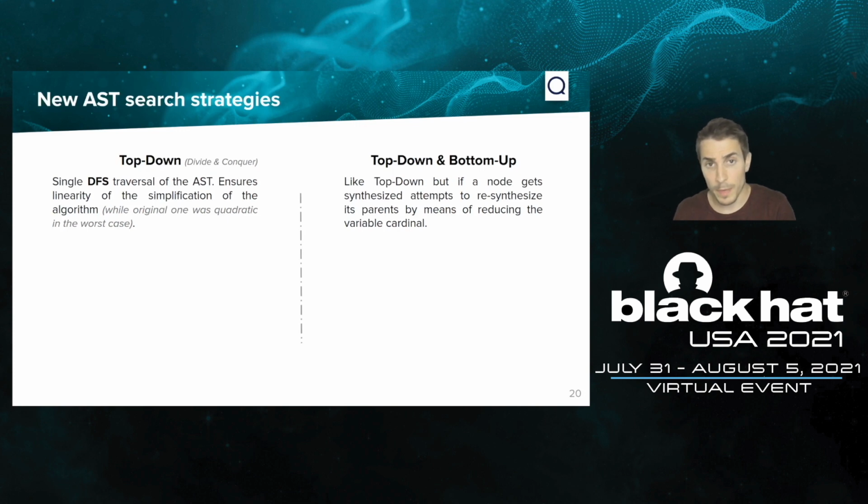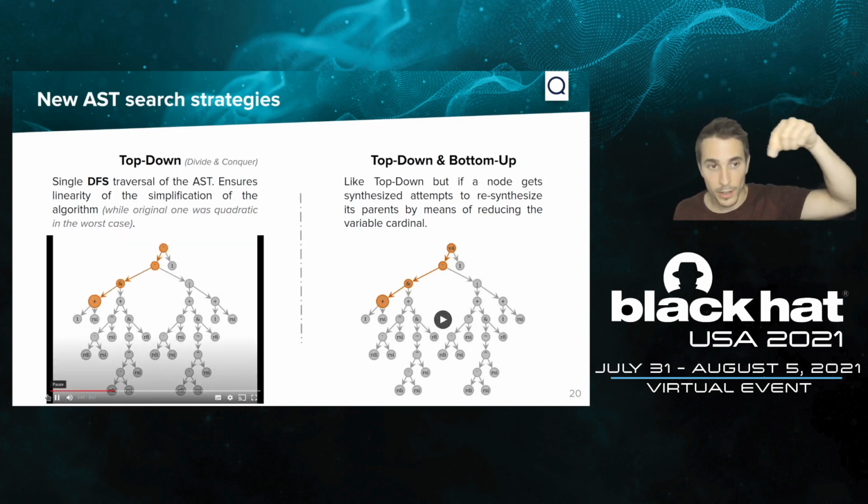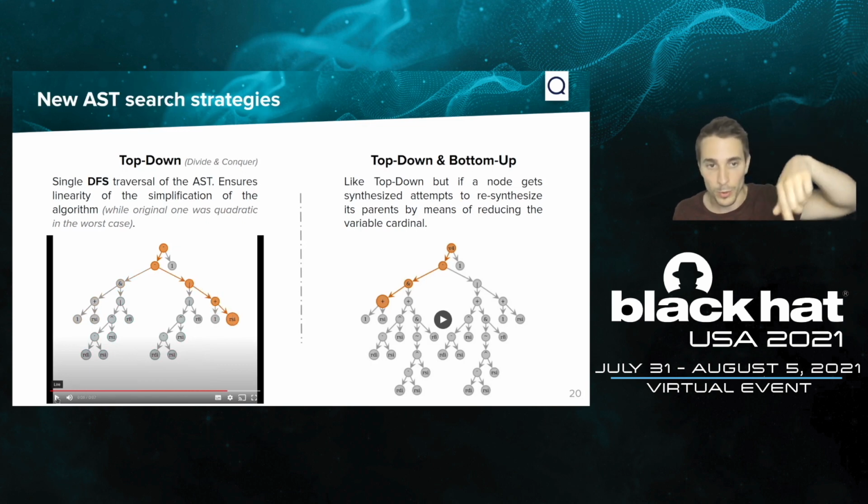We also experimented with a few other strategies that were fixing those complexity issues. So the first one was a top-down approach, where we iterate through the AST only once. So it's like a divide and conquer. And as we go, we simplify the nodes that we are able to synthesize. It's not the optimal algorithm, but this is the fastest.